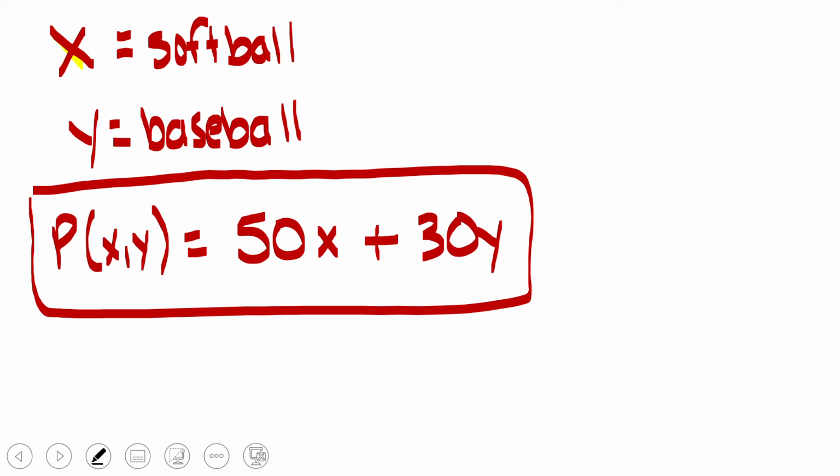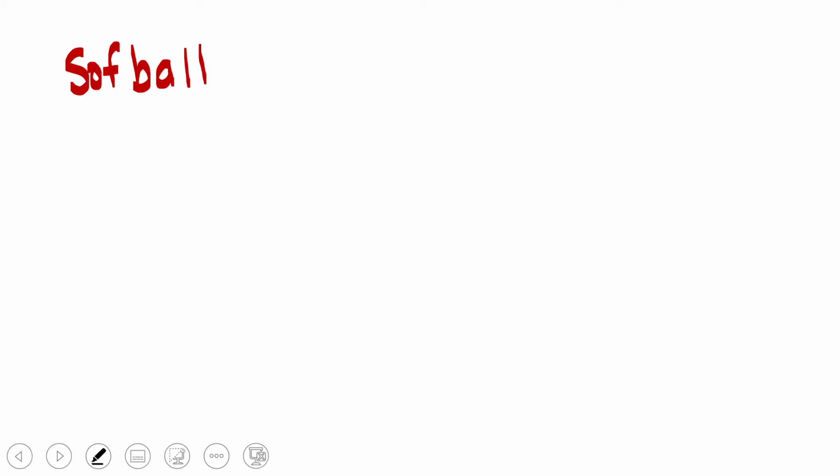But we have some constraints. They don't have an infinite amount of work time or man hours to use, and they don't have an infinite amount of leather to use. Each time they make a softball glove, it uses some of their leather, and each time they make a baseball glove, it uses some of their leather. So let's look at the problem for softball. I'm going to build a chart.